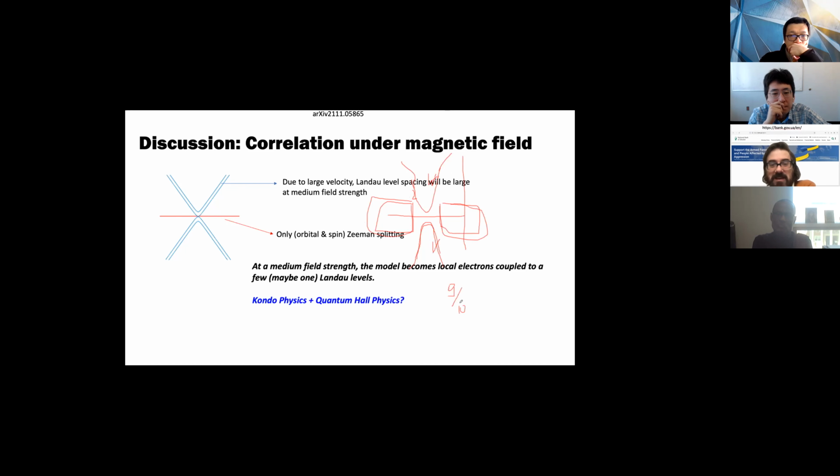So I claim that if there's no Berry phase here, then I can always represent these bands, at least a large portion of them, as localized orbitals.